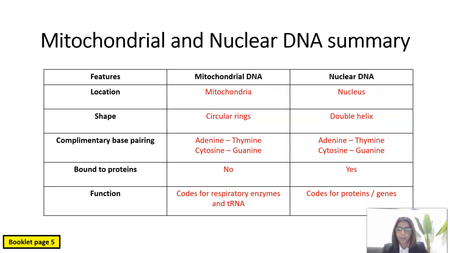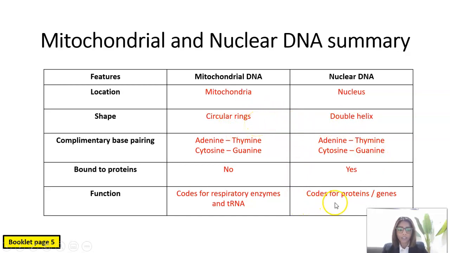Okay, so just to help you complete your notes on page 5 of your booklet, here is a summary of the differences between mitochondrial DNA and nuclear DNA. Now, the key differences that you can see are that the shape of it is different. We have a double helix in nuclear DNA and circular rings in mitochondrial.